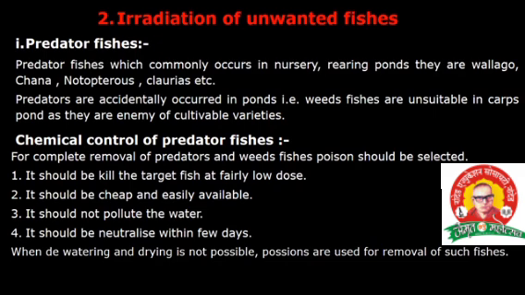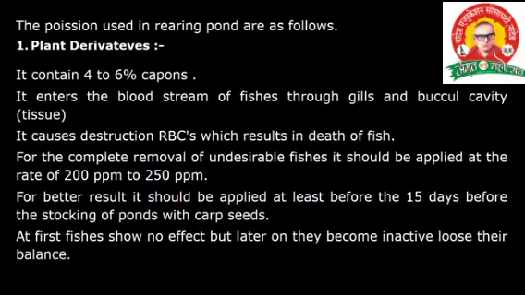When watering and drying is not possible, poisons are used to remove such types of fishes. Some plant derivatives can also be used. It contains 4 to 6% of saponin. It enters the bloodstream of fishes and kills them by damaging the buccal cavity and RBC.